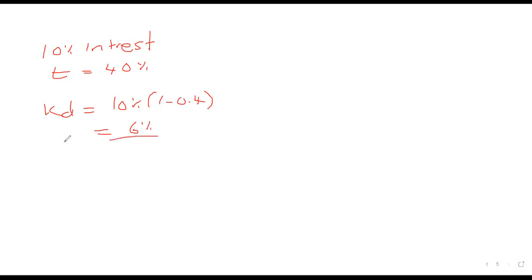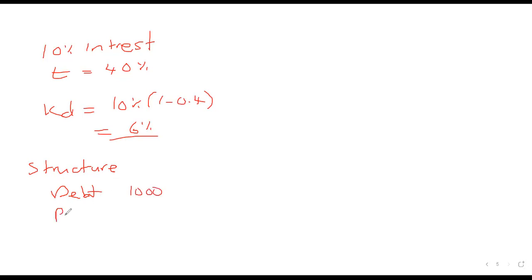Then further on, you'll be given book values. Suppose we have a structure of capital that has loans as follows. Debt maybe 1,000.